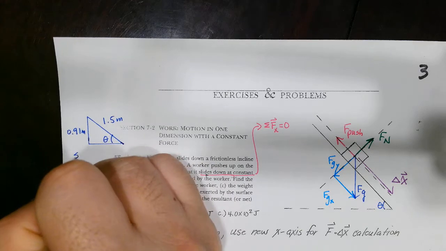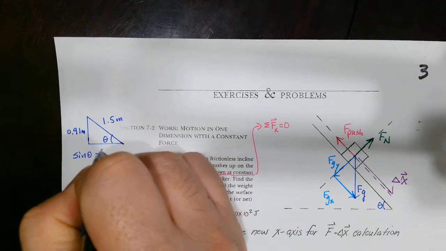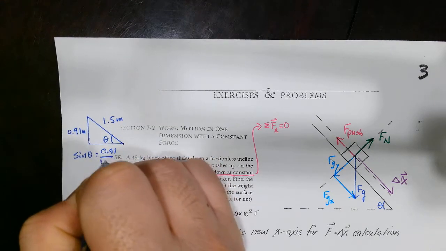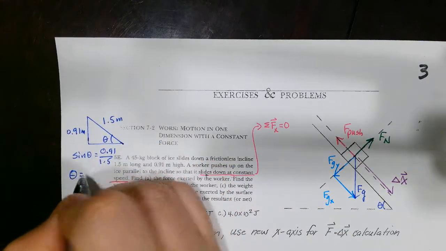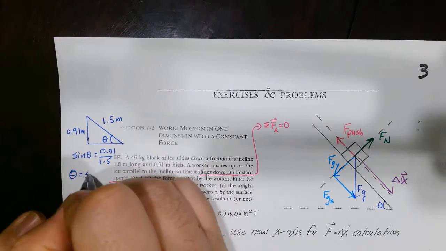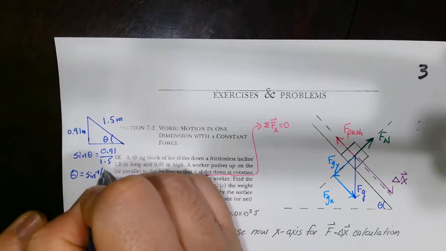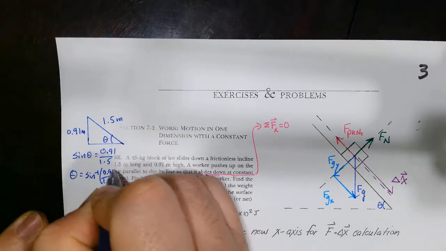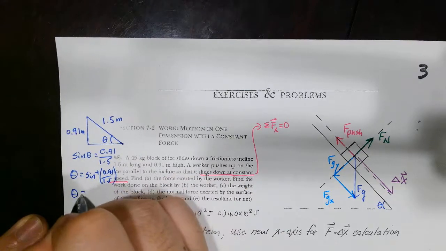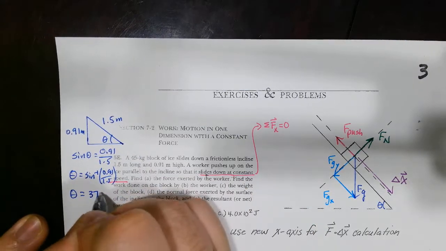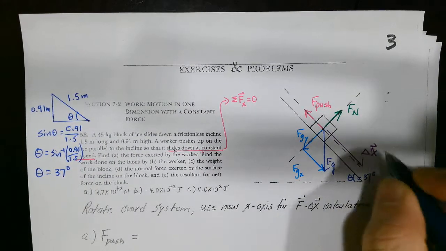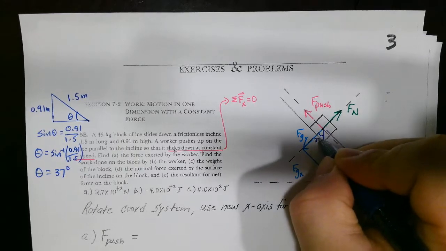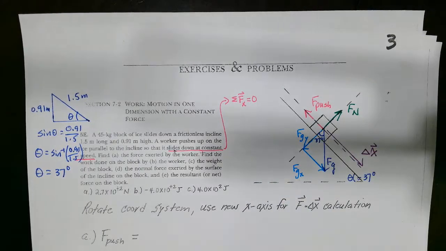Since sine of theta is equal to 0.91 over 1.5, theta is equal to sine inverse of that. So my theta comes out to 37 degrees. So that's good to know. My theta is equal to 37 degrees. That means this is also 37 degrees. All right?